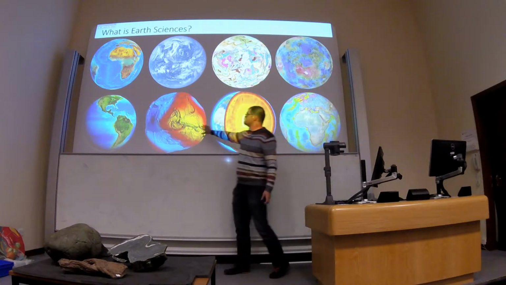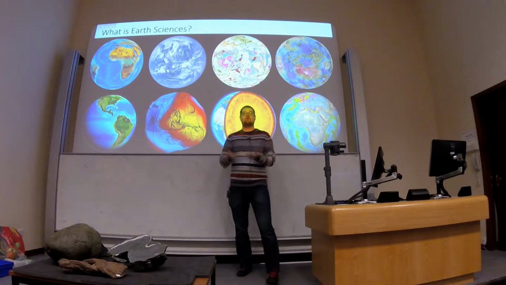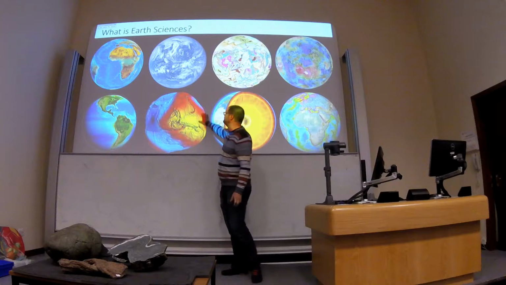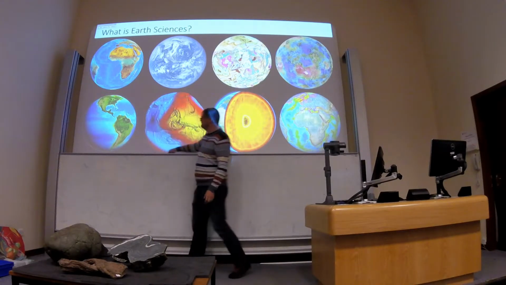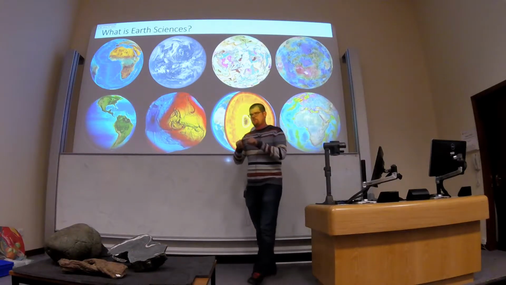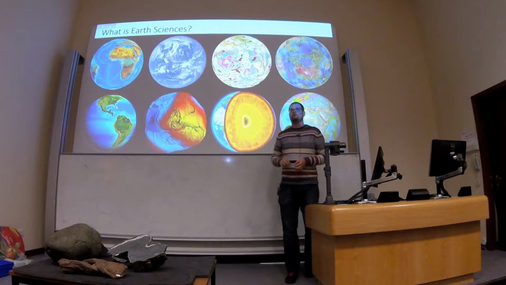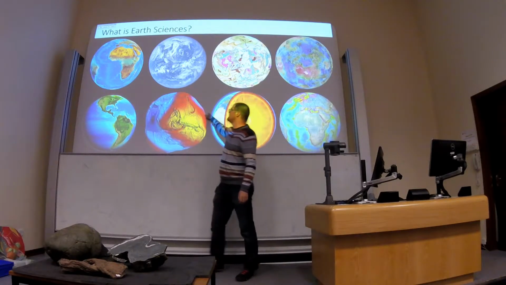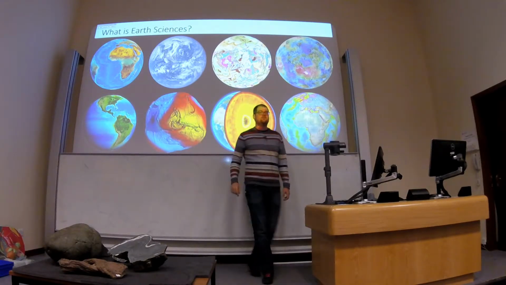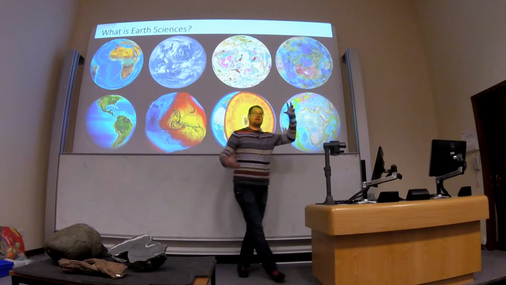This is a map of, so the Earth is not completely spherical. So this is a map of the gravitational equipotential surface of the Earth. So you think basically if the Earth was a perfect sphere with uniform density, gravity would be the same all the way around the Earth, but in fact it's not, because different parts of the Earth kind of bulge out.